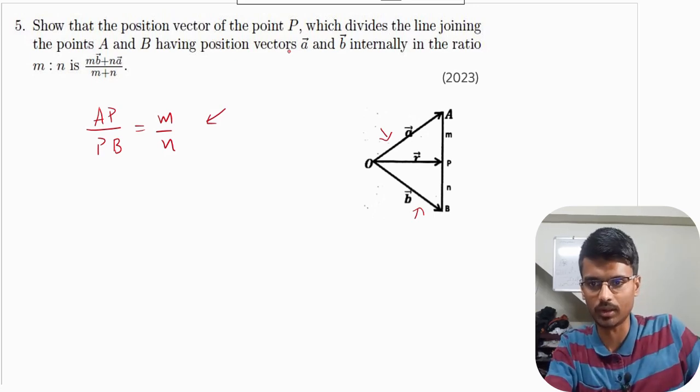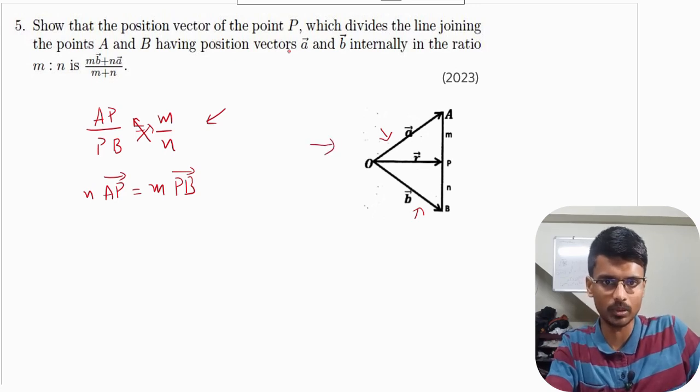Let's see how. I'll cross multiply these two. I'll get n AP is equal to m PB, taking vectors on both sides. Now is the crucial part. Vector AP, look at the figure.